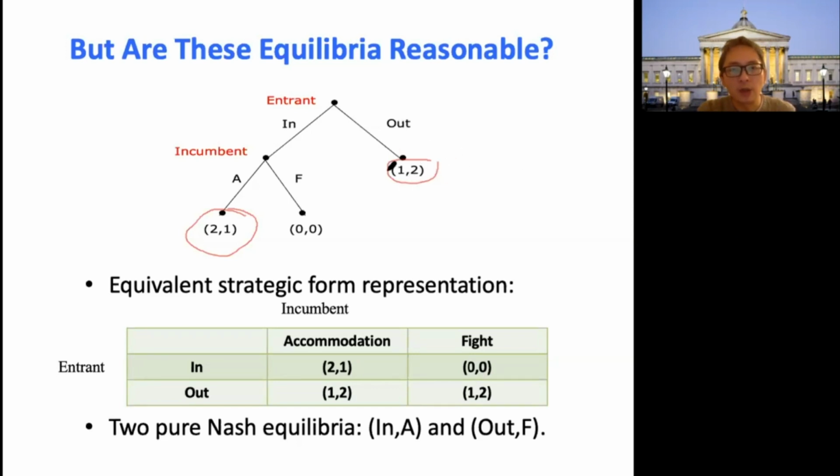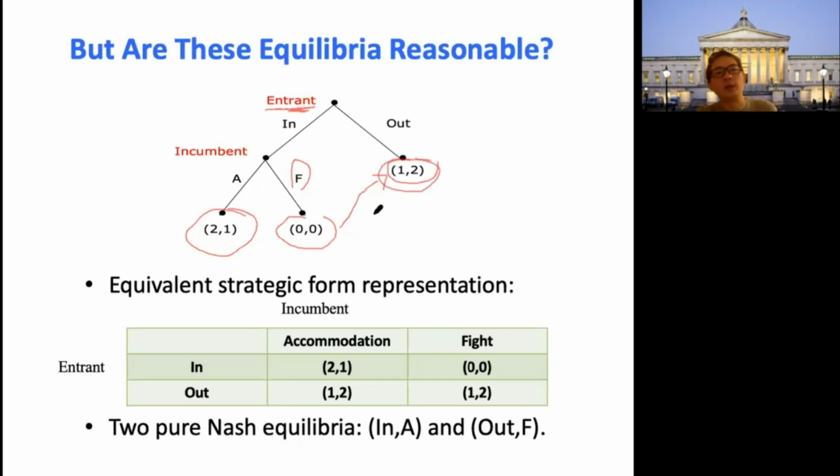The reason this one is also an equilibrium is because of player one. They have a bit of worry about player two going to play F, and therefore they will get 0-0. Because they got 0-0, obviously this is not as good as this, so they would rather play this.